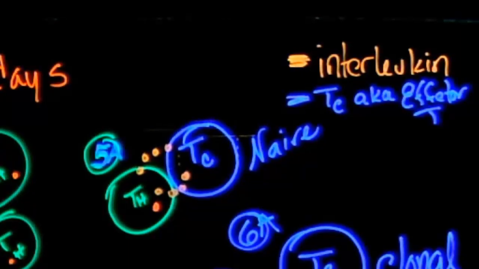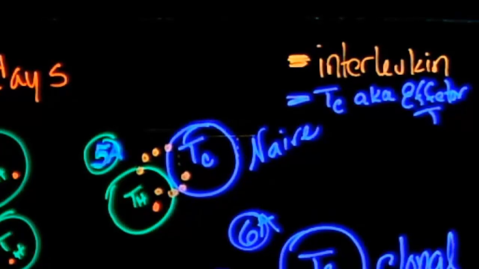The helper T cell in 5A is going to bump up against a cytotoxic T cell. This shouldn't be too difficult if everybody's in the same lymph node. And when these cells interact, a different form of interleukin is released. The form of interleukin released here, I joke, is cytotoxins, but this T helper cell has to communicate in a very specific way with a very specific group of interleukins to tell the naive cytotoxic T cell that there is an enemy in the body that needs to be looked for.